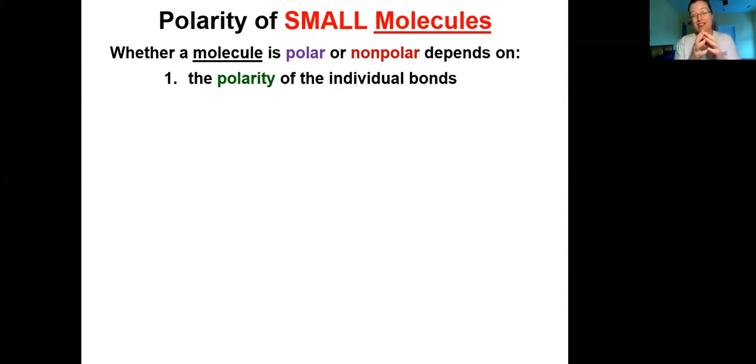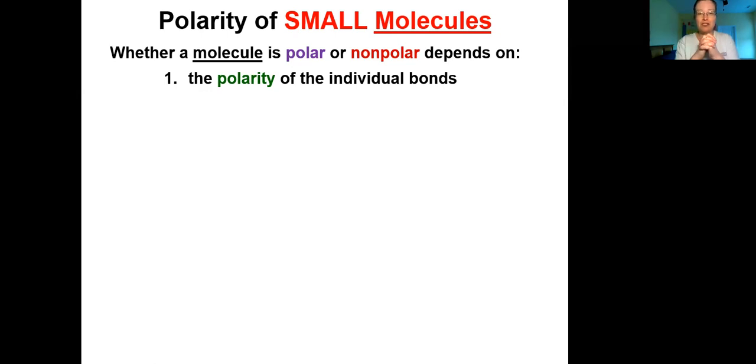I might be able to say that the entire molecule is non-polar, but when we get really large, there are going to be times where there are different sections of the molecule that are polar or nonpolar. For now, we're going to keep everything on the small scale.